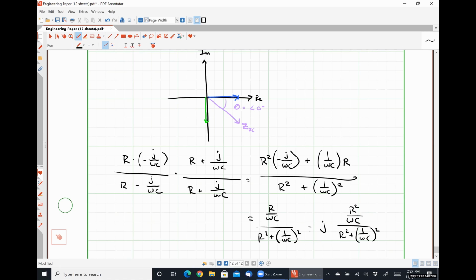So even when they're in parallel, it's still got a negative imaginary component, which means the phase angle is going to be negative.